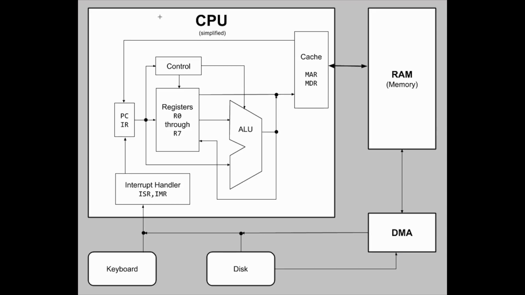If the data is already in the cache, we call that a cache hit, and that's good. It turns out that in some circumstances, especially when doing C programming, you can write code that deliberately causes cache hits or cache misses.